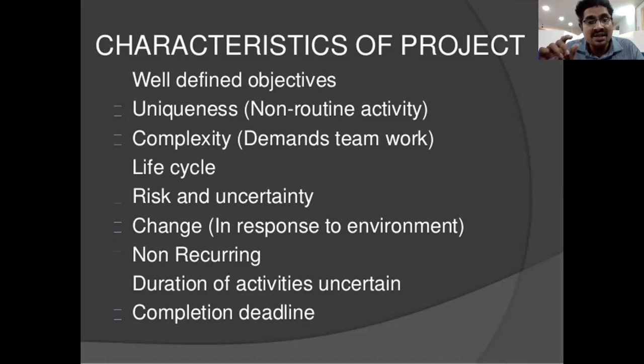Each and every task and activity should have time limits and a budget. The duration of each activity may vary and change from time to time based upon uncertain situations. Next, the last one: completion within a deadline. A project or contract tries to complete within a deadline or within a time.